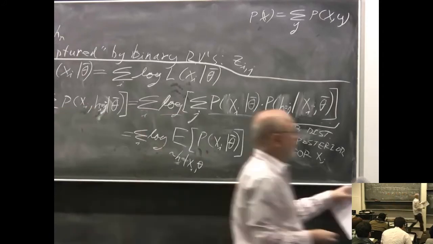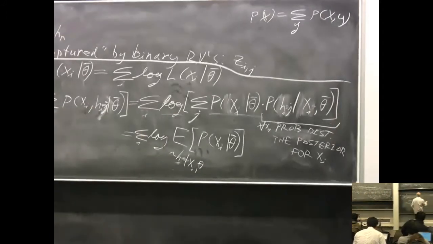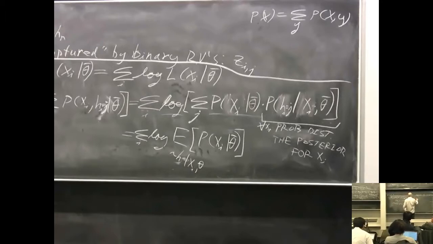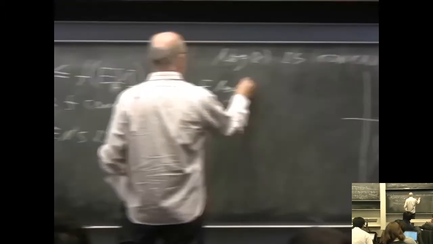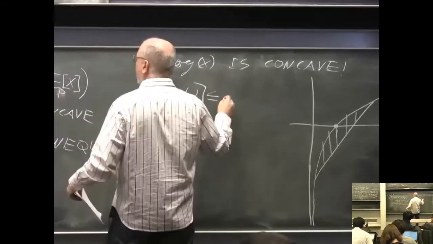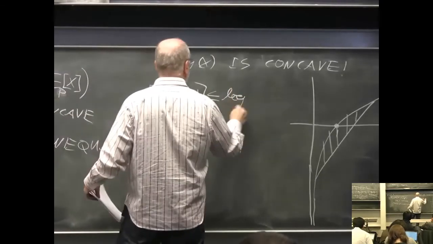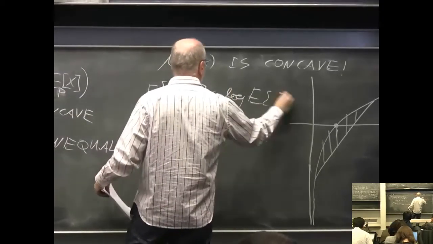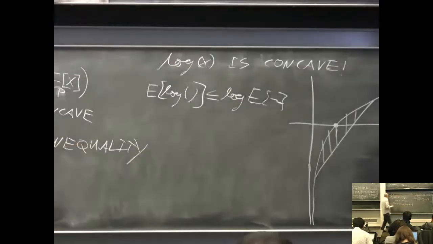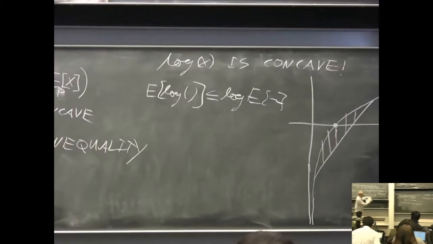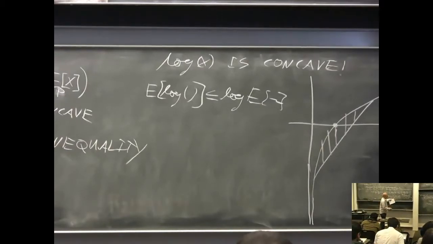So since log is concave, E of log of something is less than or equal to log of E of something, right? And here I have log of E. So this is going to be greater than? You tell me. I get confused. Greater than? Okay. Greater than.